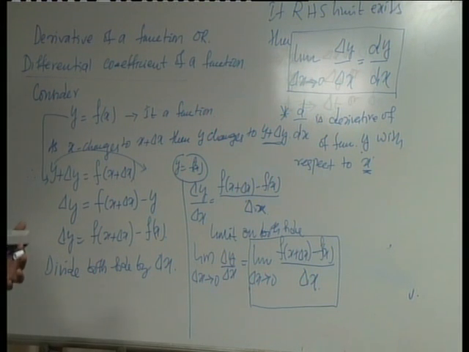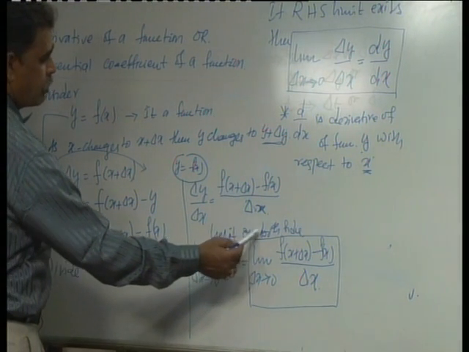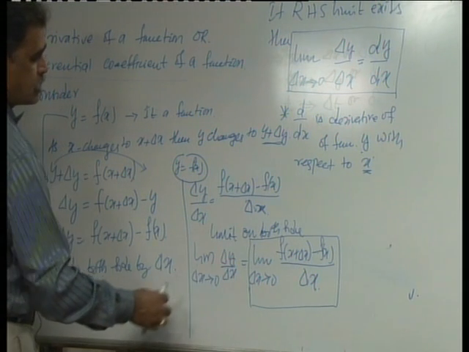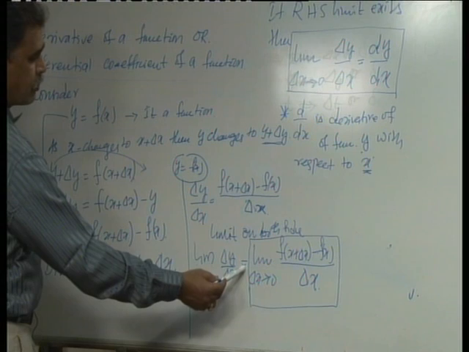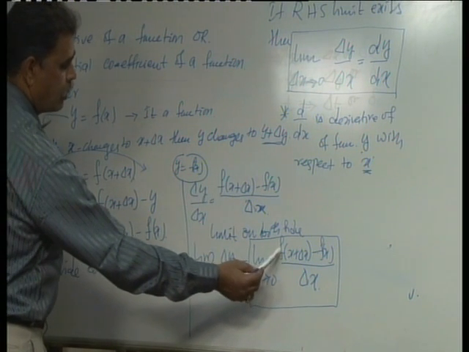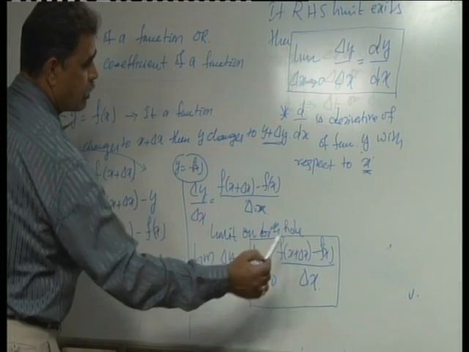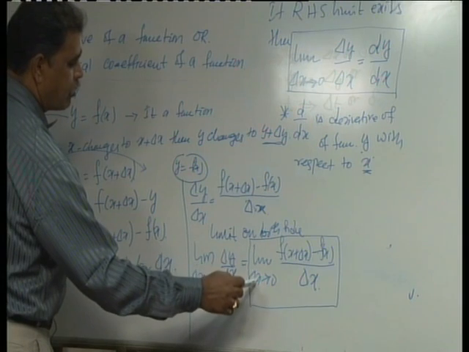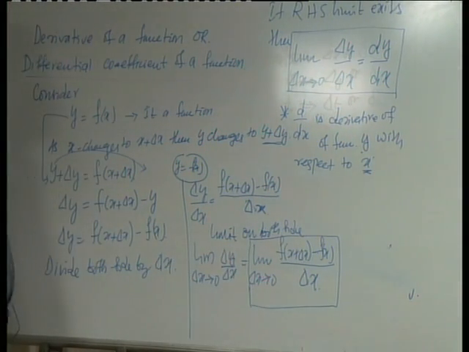Therefore, let us take the limit on both sides as delta x tends to 0. Limit as delta x tends to 0 of delta y by delta x is equal to limit of f of x plus delta x minus f of x divided by delta x. Actually, if you take delta x is equal to 0, this will become 0 by 0, an indeterminate form.